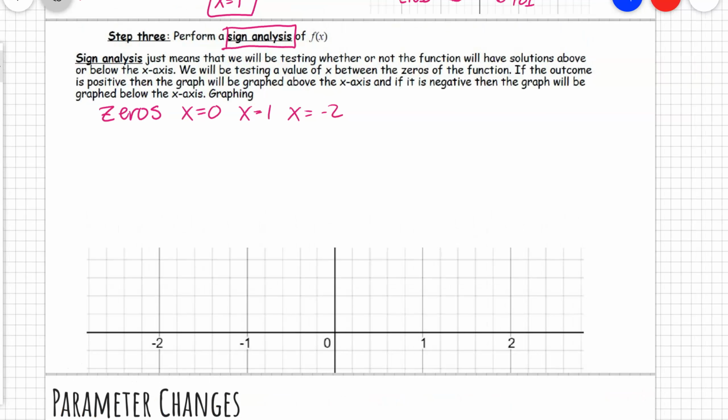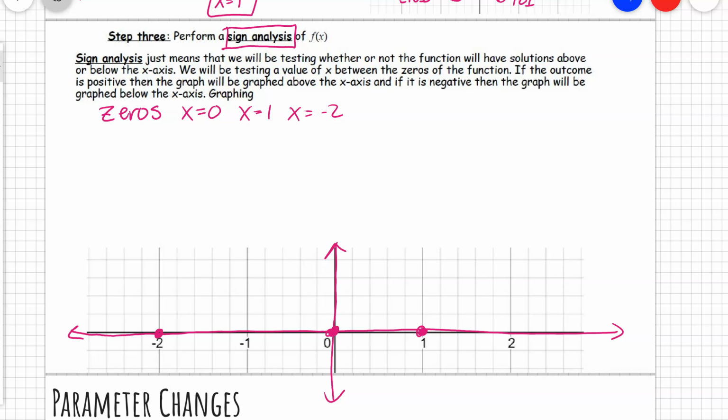So when we're performing this sign analysis, what we're going to do is do the x and y axis. That's going to be part of your step 2. I kind of added that part in there just to show you that we can do this without sign analysis. But now what we're going to do is go ahead and plot your points again.